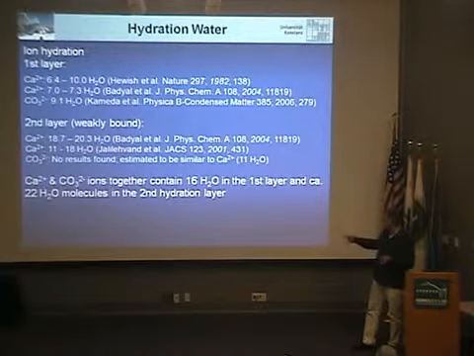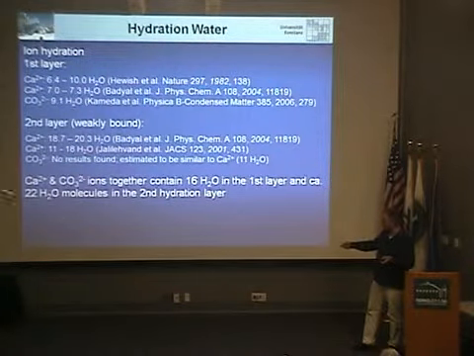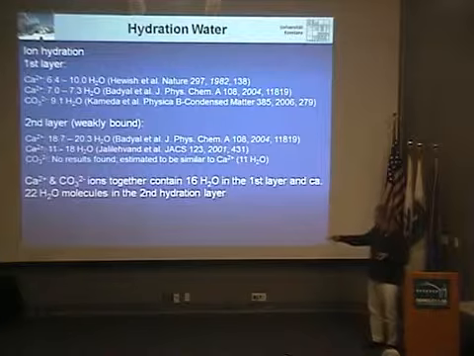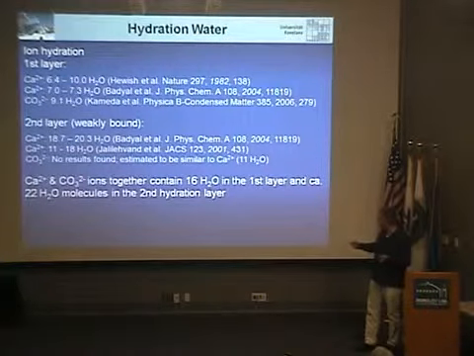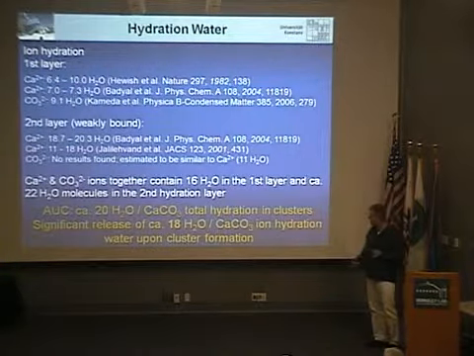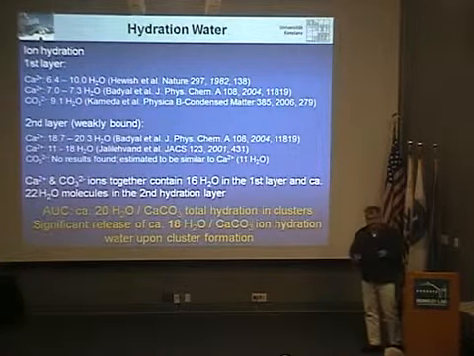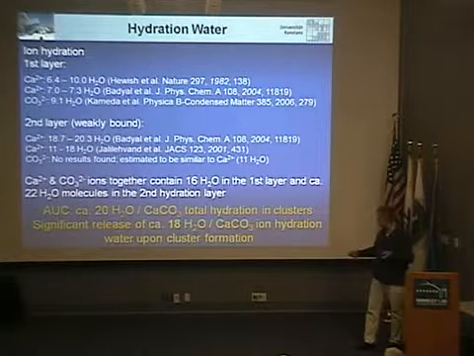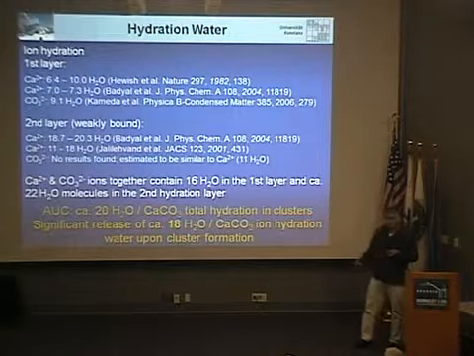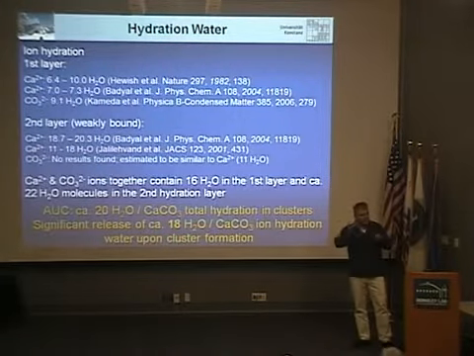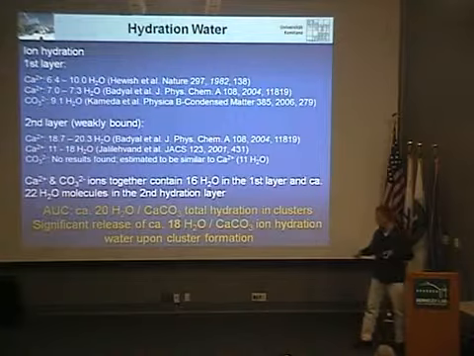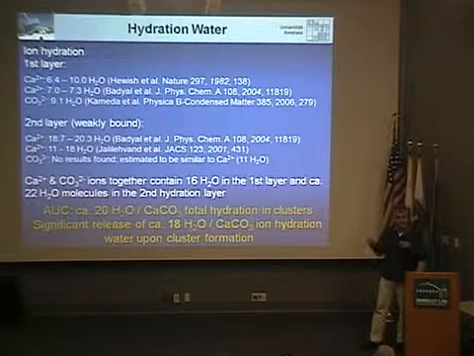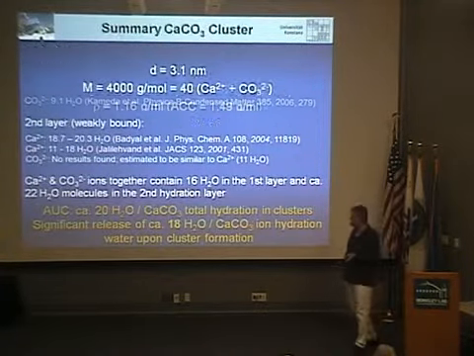But if you add them up, you can say that we have 16 water in the first layer and about 22 water molecules in the second hydration layer, if I assume that carbonate is hydrated like calcium. That means I have in total 38 molecules of water surrounding the ions. If you remember the number of 20 which we found for the clusters, it means I release about 18 water molecules by going from the ions via ion pairs to the clusters. So there's a significant release of water, which may be the driving force for their formation.